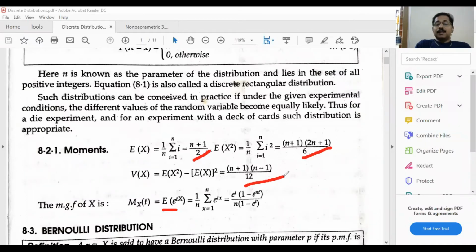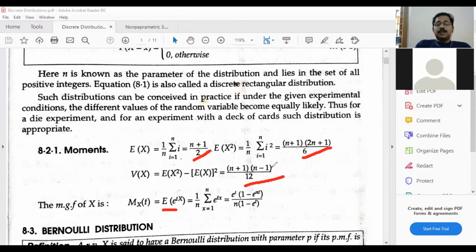That is its variance. So for rectangular distribution or for uniform distribution, its mean is n plus 1 by 2 and its variance is n plus 1 into n minus 1 by 12, or this can be written as a plus b into a minus b, you know, a square minus b square. In that way this can be written as n square minus 1 by 12.